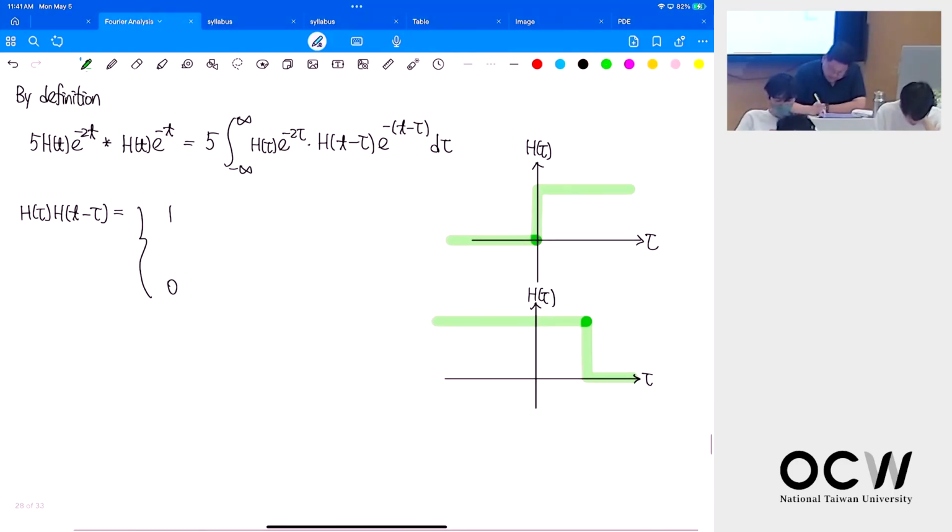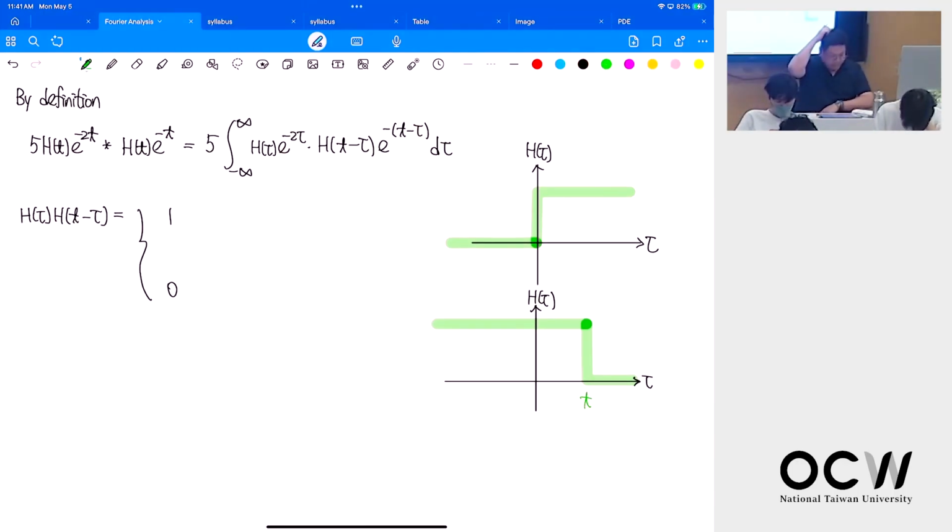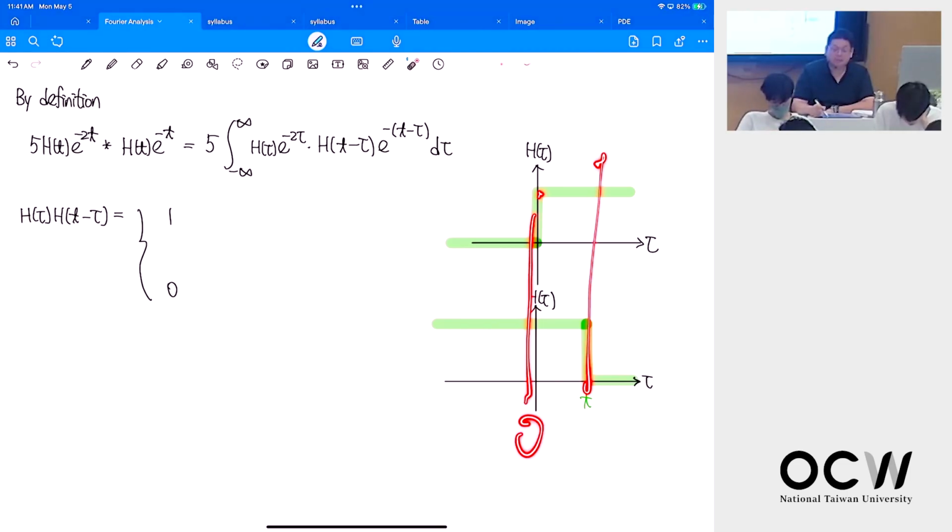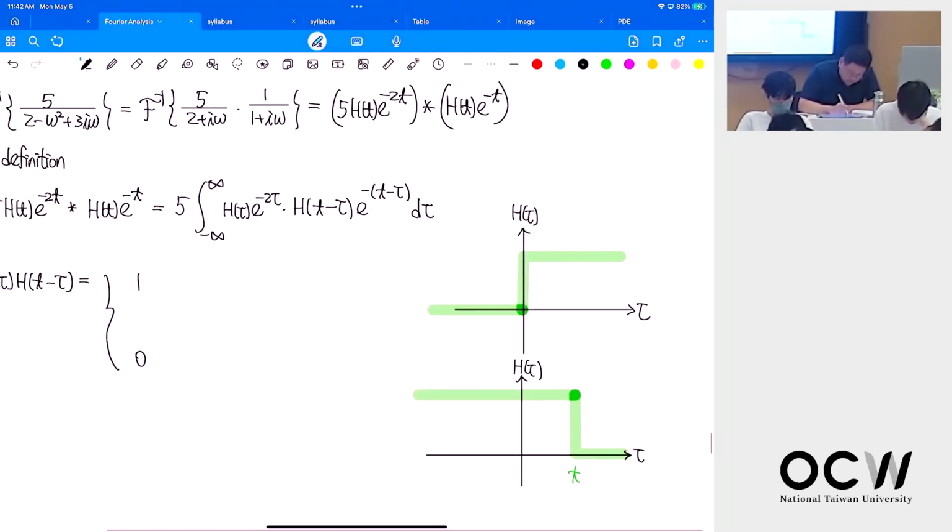So this is t. Then you can see that if you multiply these two functions together, I only have value 1 from 0 to t. Correct? So when I get 1, that means my tau is between 0 and t.